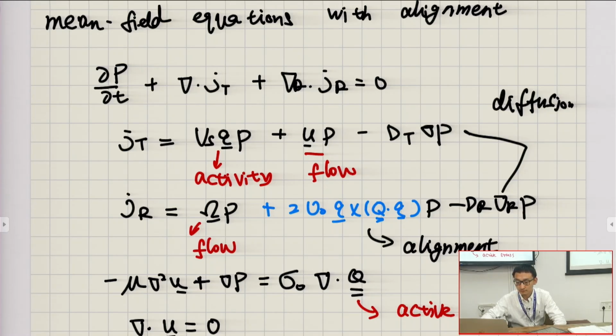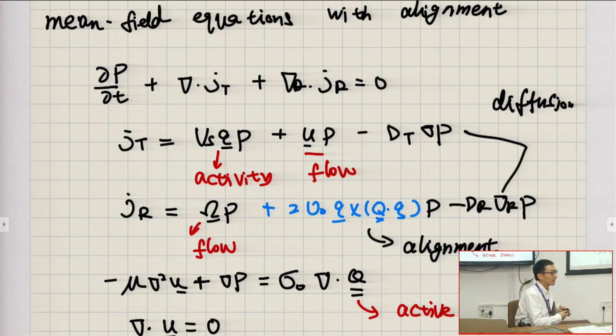What's the structure? So let's think about the exercise we did before. In the case without alignment, what we did is we're trying to seek trivial solutions where it's spatially homogeneous and no flow.